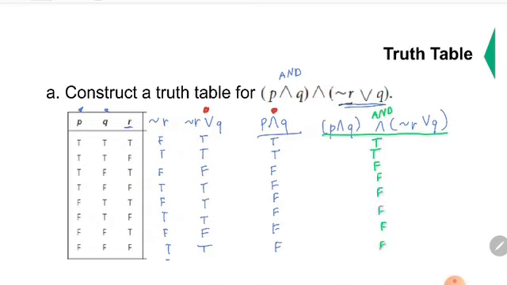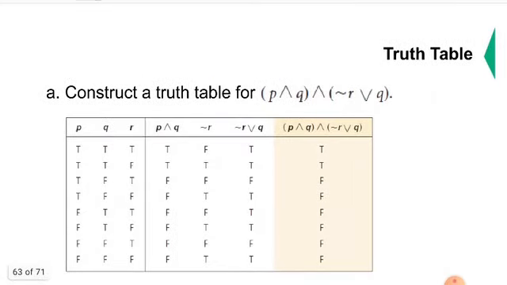Ibig sabihin nun, this statement can only be true if at least P and Q is true. If all of them is true, the statement will be true. Kung true lang yung P and Q pero ang R is false, it will still be true. Okay? Tama ba tayo? Okay, tama.